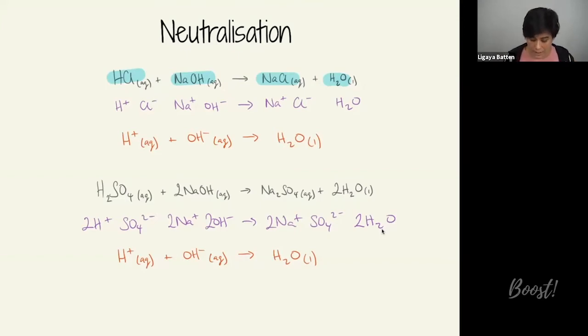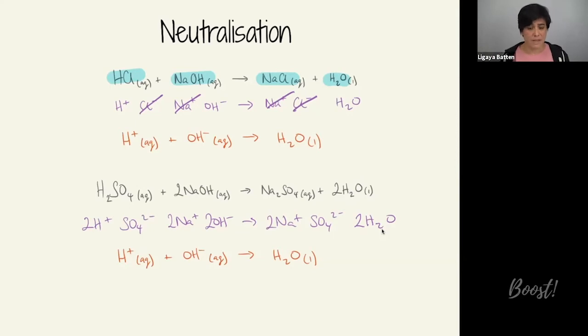So we can actually cancel those out from both sides, and that's what leaves us with the orange equation. H+ plus OH- goes to H2O. So it's only the H+ and OH- that actually change in their charge or state of matter, because they're changing from ions separately into a molecule of water, which is no longer able to be separated because it's now a molecule in liquid form.